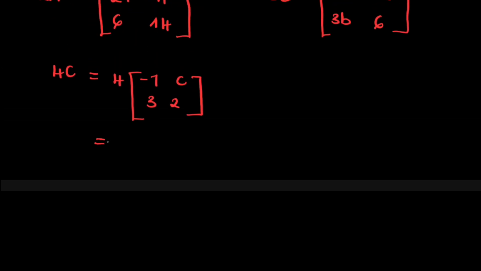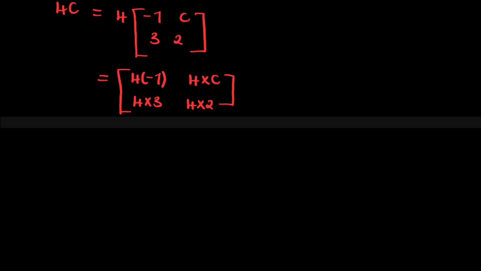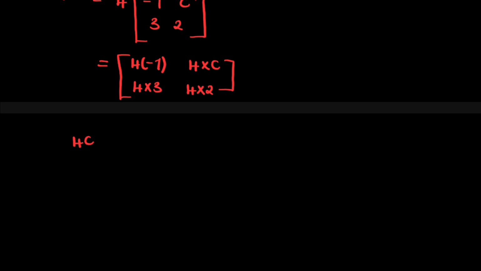So we multiply 4 times minus 1, 4 times c, 4 times 3, and 4 times 2. So our 4c is minus 4, 4c, 12, and 8.